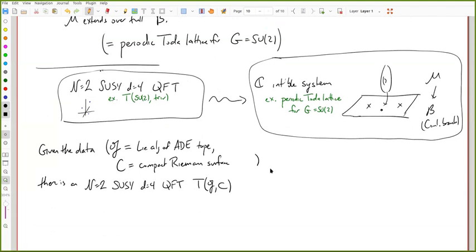And so this is a somewhat newer story. I mean, the recent interest in these theories is around the last decade or so. So they're called theories of class S. I guess it's not that new anymore, it's over a decade. But this is a new family of N=2 supersymmetric quantum field theories.